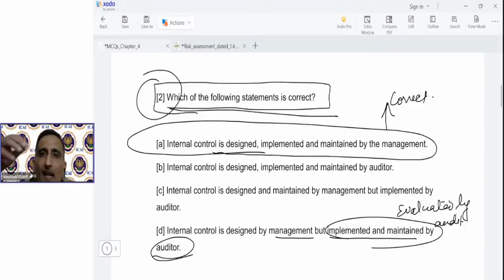But the creation of a control system, its design, implementation and maintenance, all lie with the management. How are these things related to an auditor? So, Tanisha, it should be clear to you. You are saying yes, it is clear.